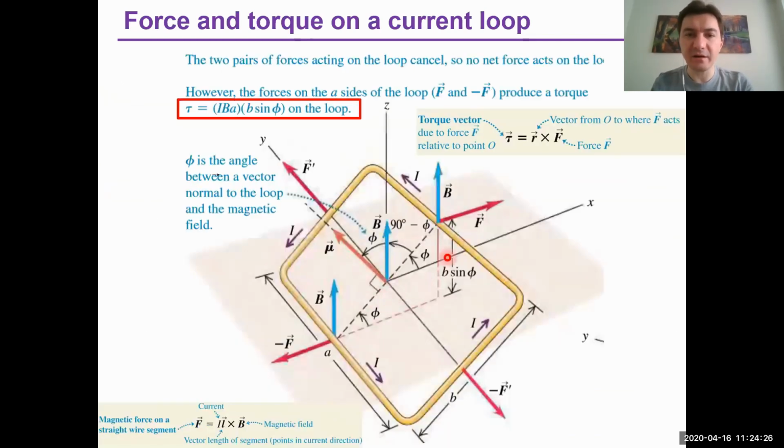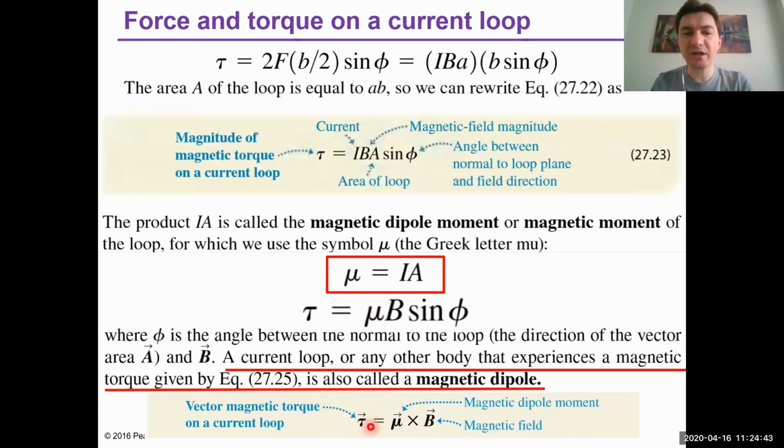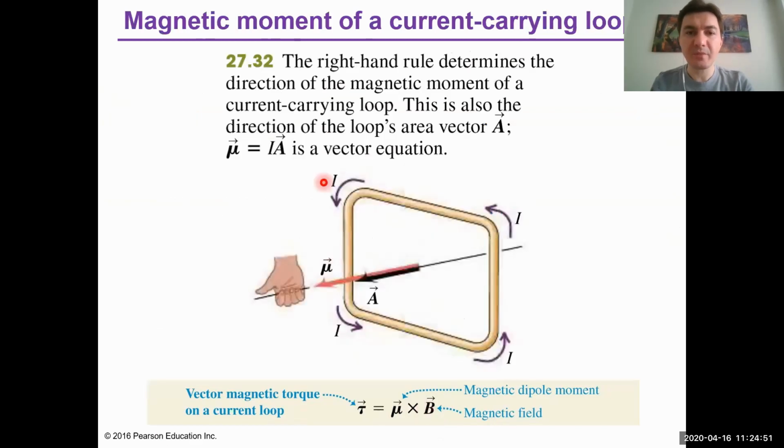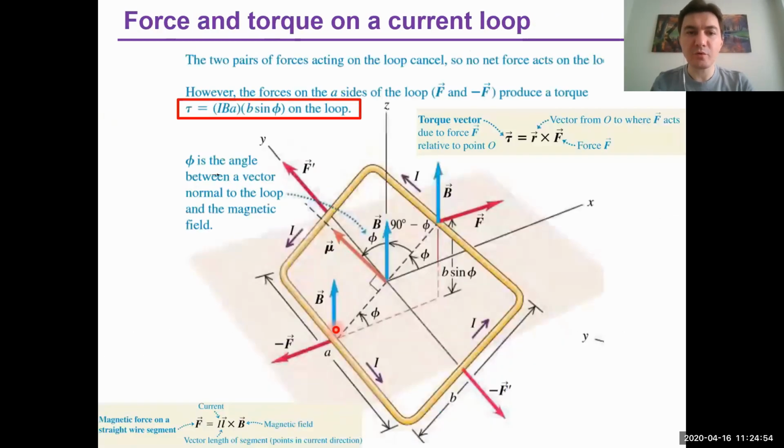This is the area, this is the current, and this is the direction of mu, which is perpendicular to the surface or plane of the loop. This is the direction of B. To determine the direction of the torque, apply the right-hand rule from mu to B. You will see that the torque is along the y-axis.